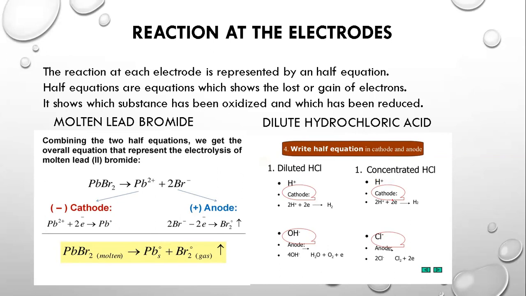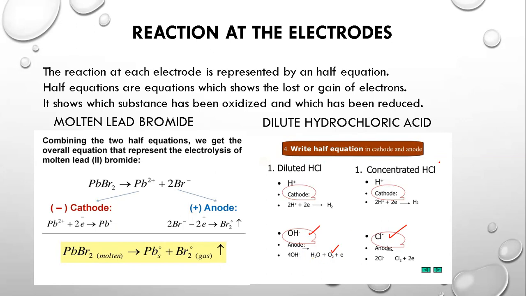Okay, note that if the solution is concentrated, like I said, the product at the anode is chlorine. If the solution is diluted, then the product is different. It is oxygen. Hydroxide ion moves to the anode, but oxygen is produced as your product at your anode.